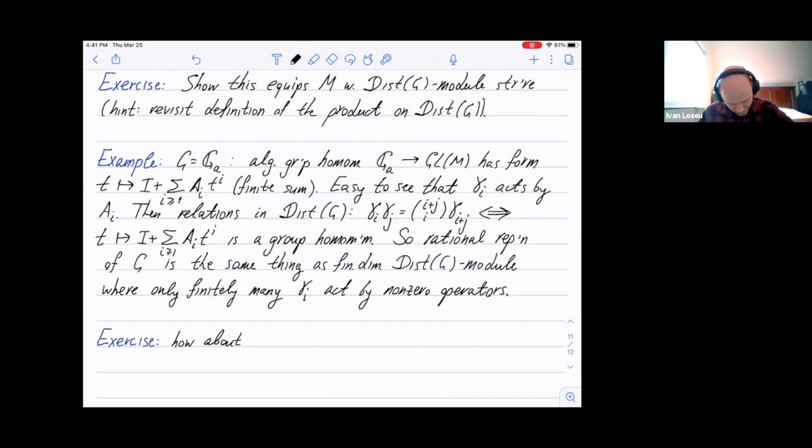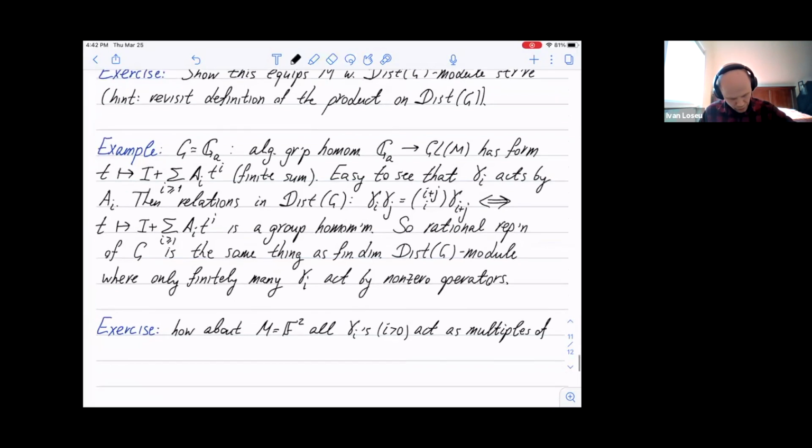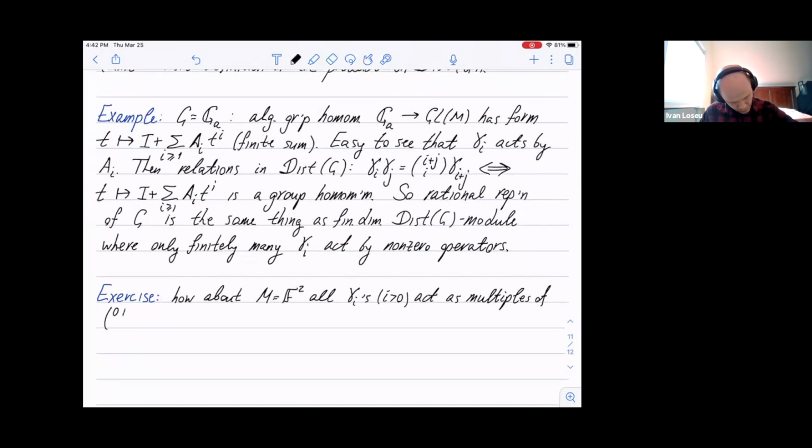an example of the following form. So module M is F^2, and all gamma i's, with i bigger than 0, act as multiples of the matrix (0, 1, 0, 0).